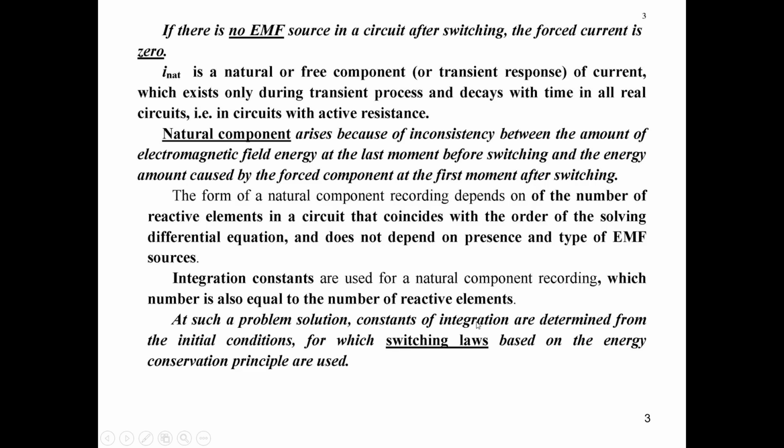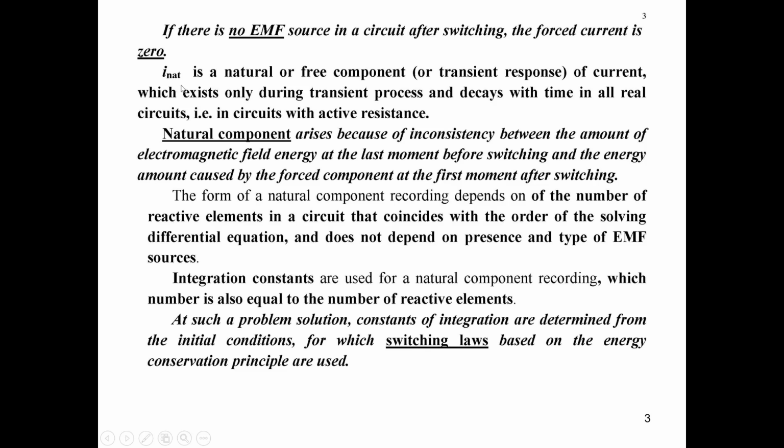And if after switching the considered circuit is disconnected from the source, then the forced component will be equal to 0. You should remember that the forced component is determined just by the character of the source which will be connected to the considered circuit after commutation.